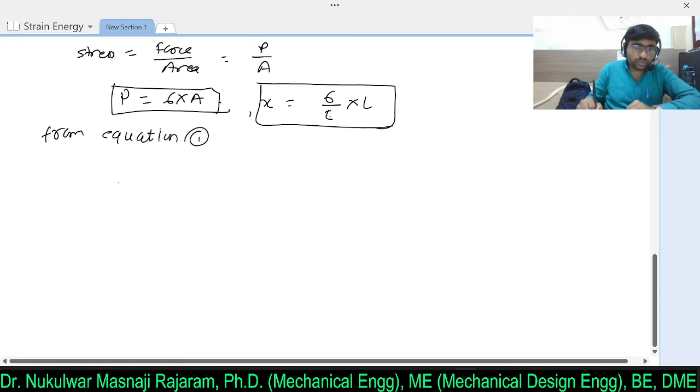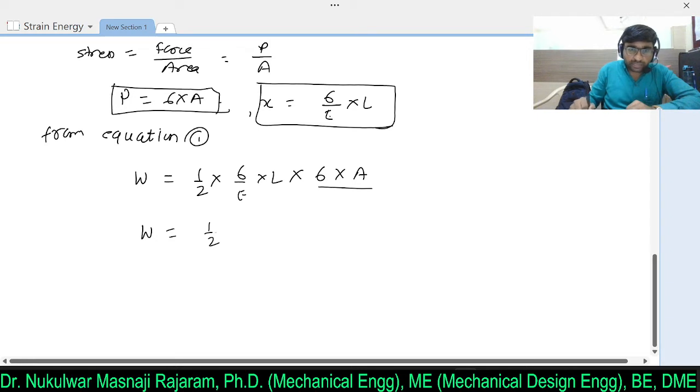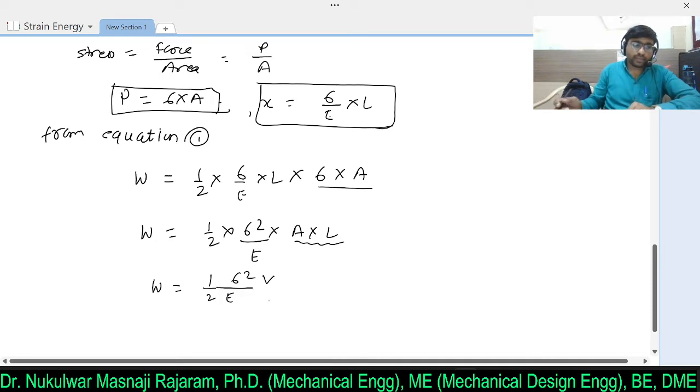So from equation 1, work done will be equal to 1 upon 2, instead of X I will write sigma by E into L, into sigma into A. So instead of P I am writing sigma into A. So work done will be equal to half sigma and sigma, sigma square, into A into L divided by E. Now what is A into L? It's nothing but volume. So I can write work done equal to half sigma square V divided by E. Clear?